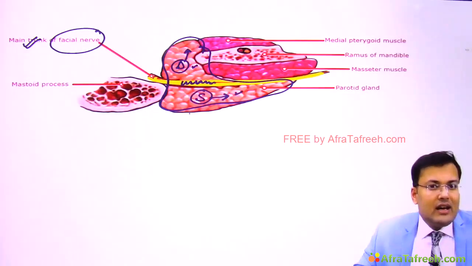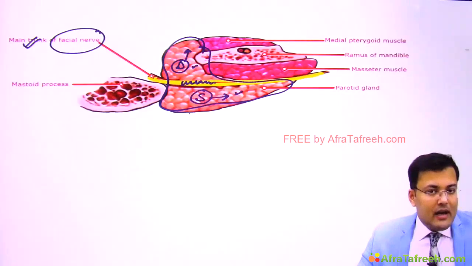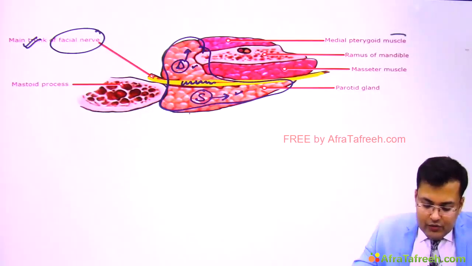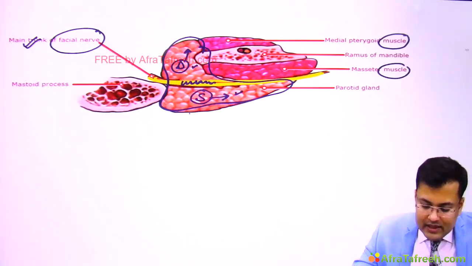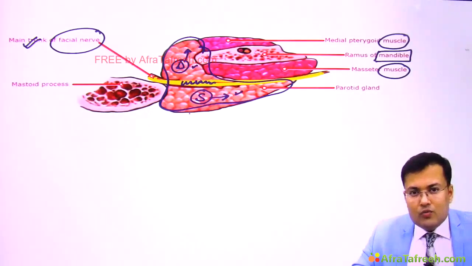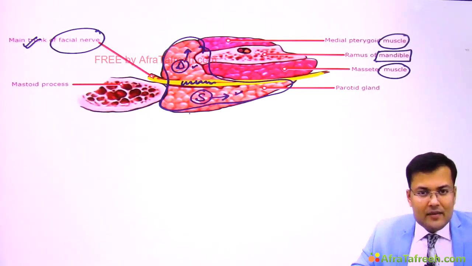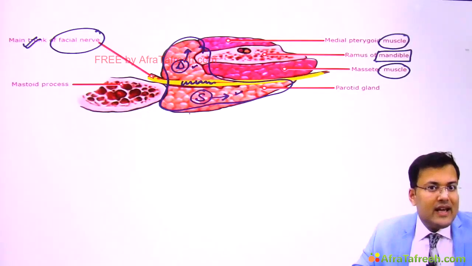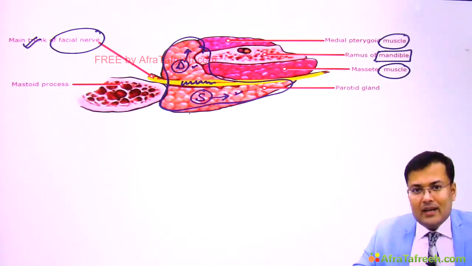This is radical parotidectomy because we excise the facial nerve. And what is extended radical? When we remove surrounding muscle, mandible or temporal bone. So removal of adjacent structures like mandible, temporal bone and some muscles is extended radical parotidectomy.